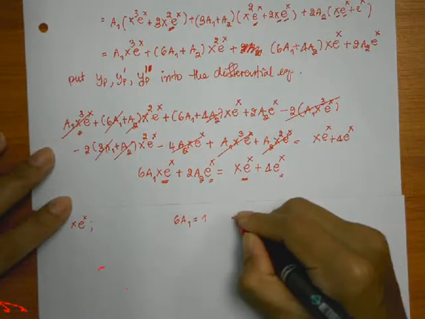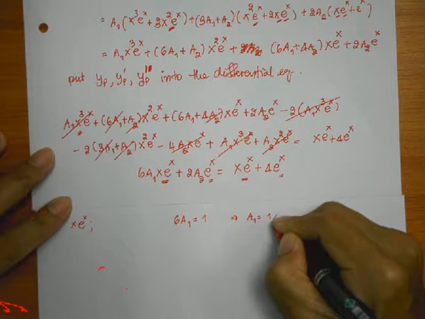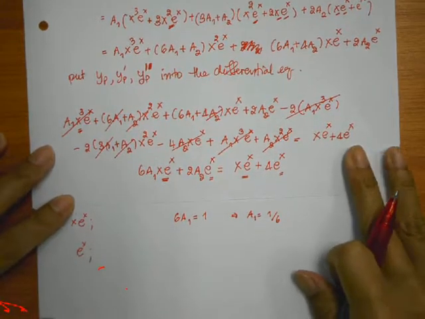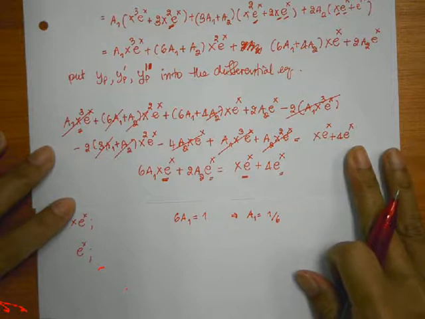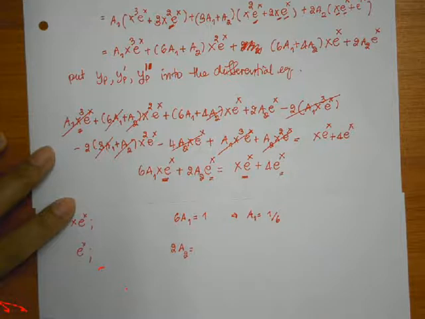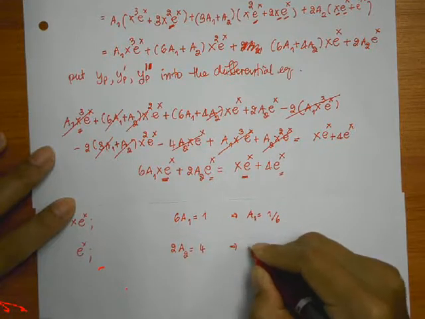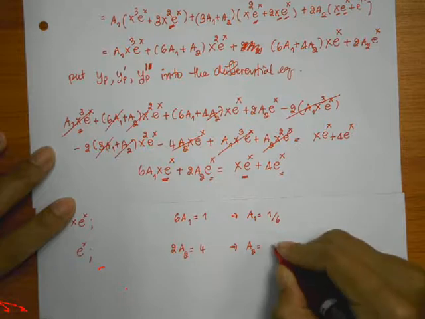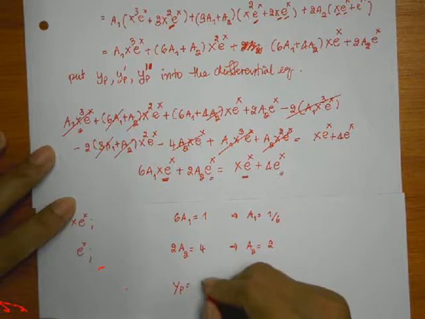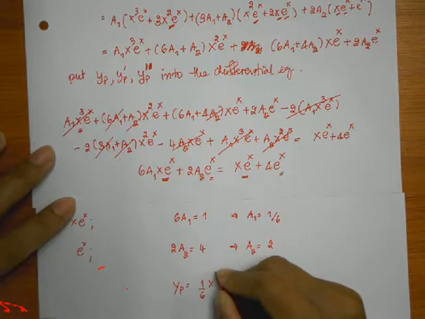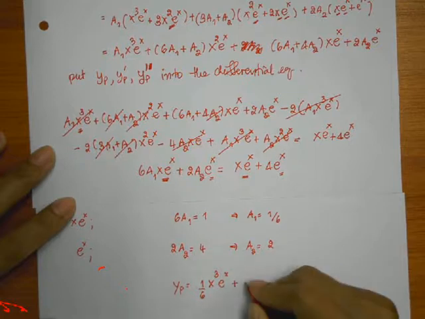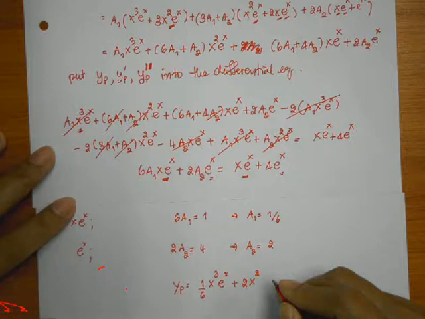So a1 is equal to 1 over 6. The second function is the exponential of x. So we got 2a2 equal to 4. So a2 is equal to 2.